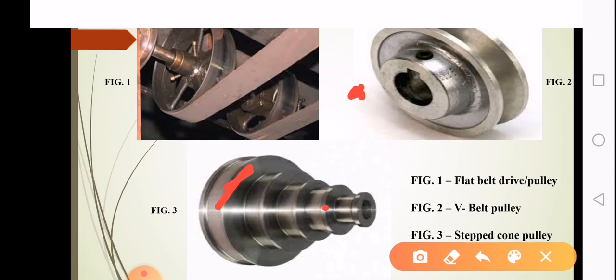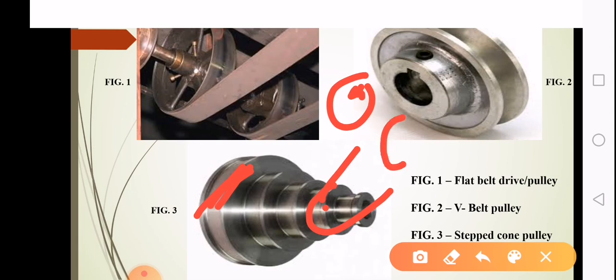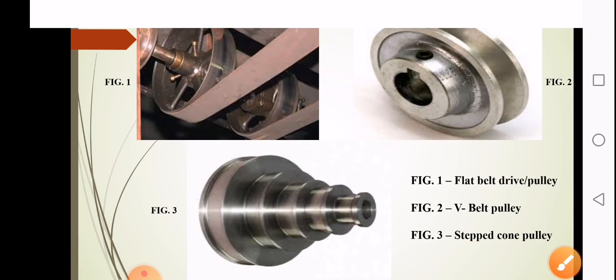Since D2 is lesser than D1, the velocity ratio reduces, but the speed of the driven shaft will be greater. Now if I remove the same belt from here and put it here, and on the other side there is a larger diameter pulley, then this shaft will start rotating at a lower speed. So the stepped cone pulley is mainly used for speed variation.